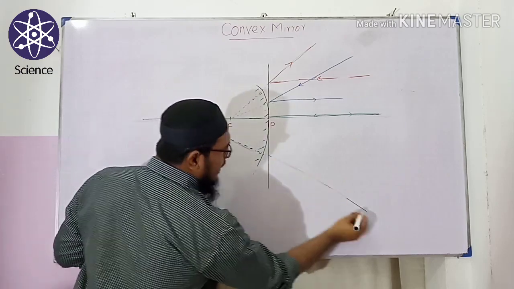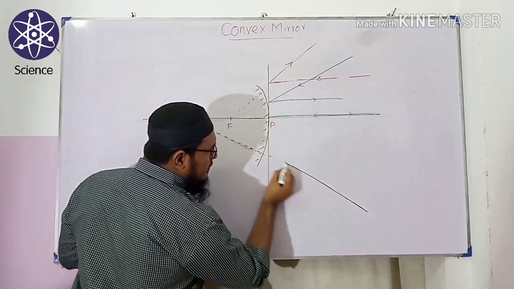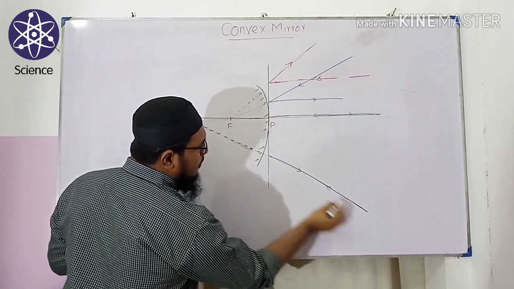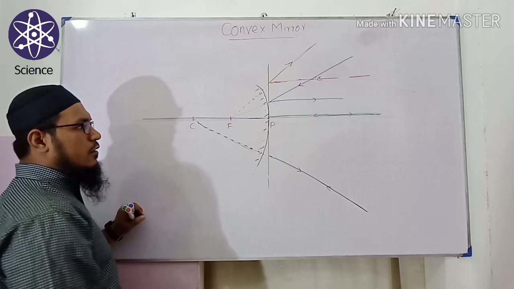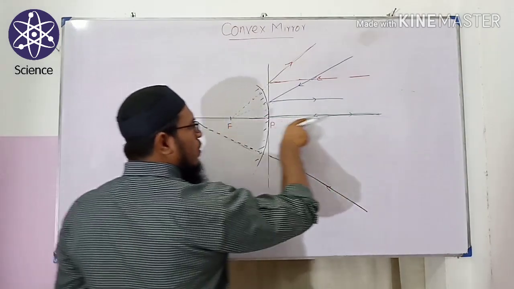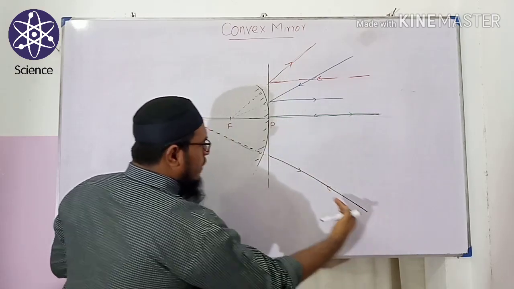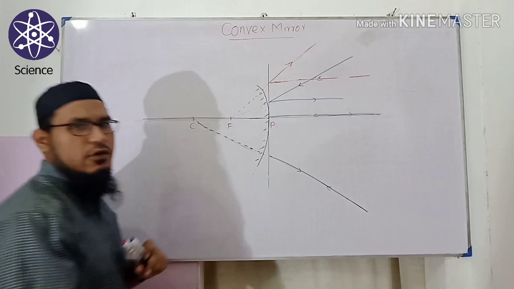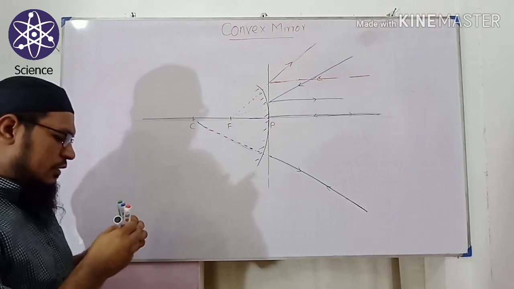What happens to this ray? If it travels towards the center of curvature, it is returned back in the same pathway, like when it travels along the principal axis. Towards the center of curvature, it travels back along the same path. That is the fourth theory.